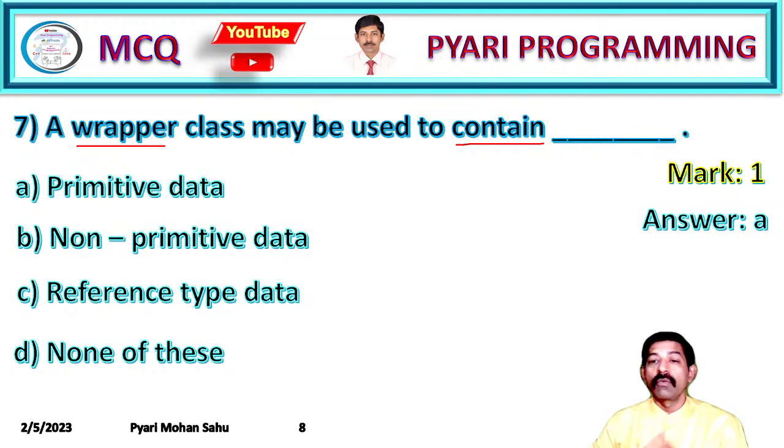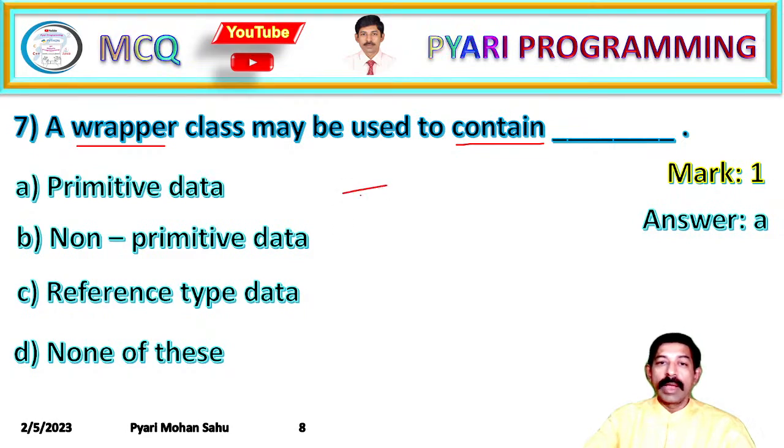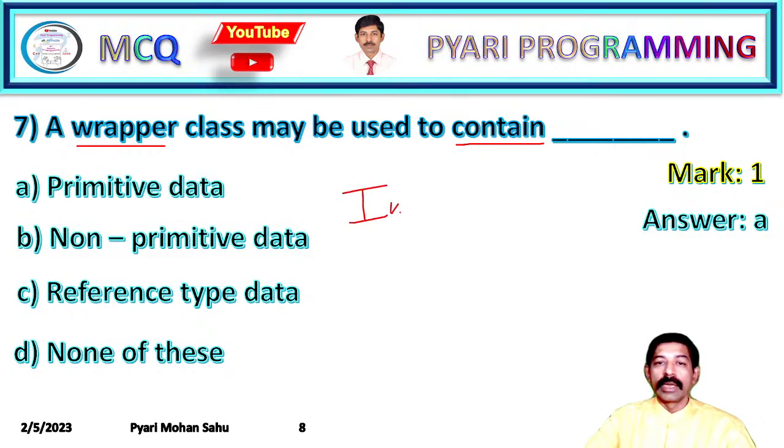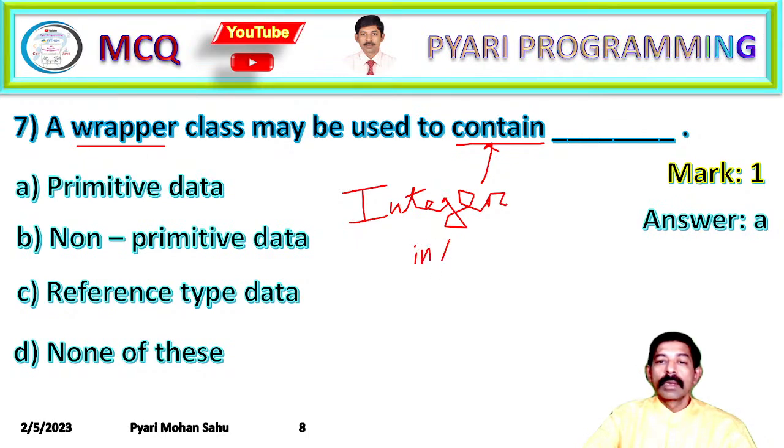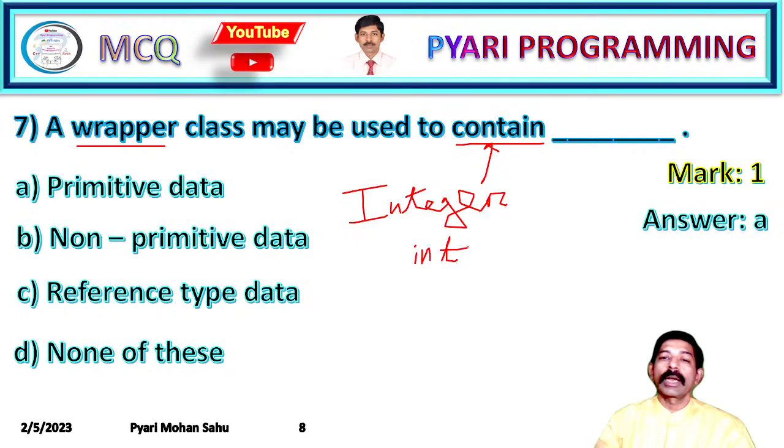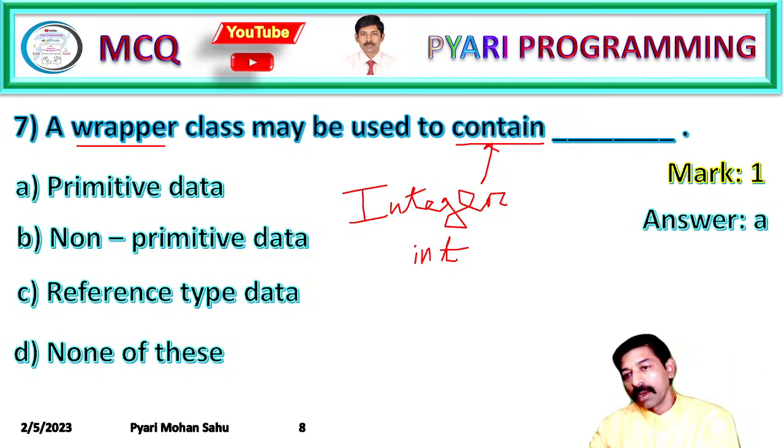For int we have the wrapper class called Integer, with capital letter I, but it is designed to contain what? That is what it is asking. It is designed to contain int, where int is of what type? Primitive data type, fundamental data type, primary data type, it has many names. Got it, everyone? Everyone understood this one or not?